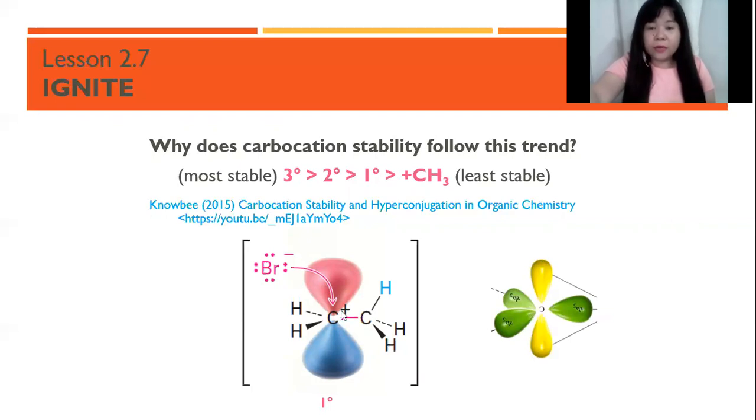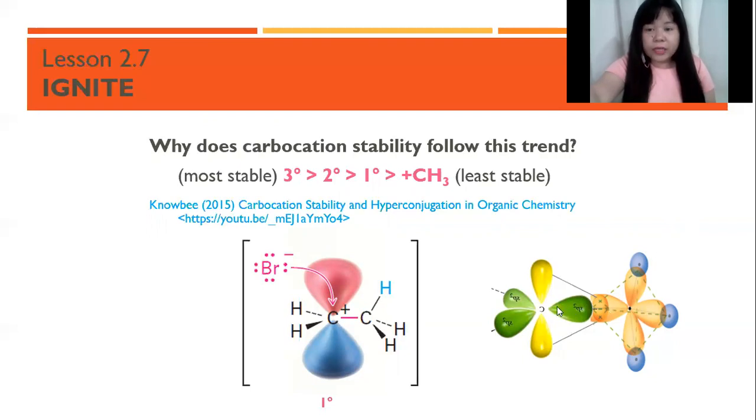Therefore, this carbon has a positive charge. And beside it is this carbon with 4 groups around it. So it's already sp3 hybridized, with 3 sp3 orbitals overlapping, forming 3 sigma bonds here.